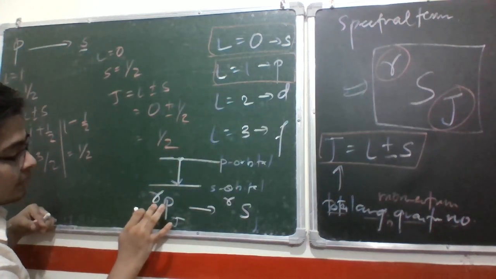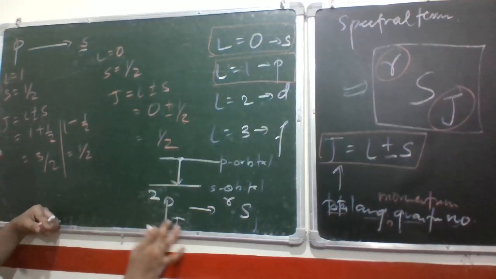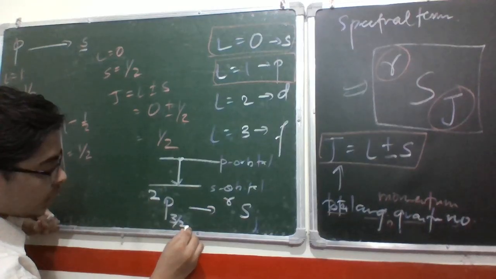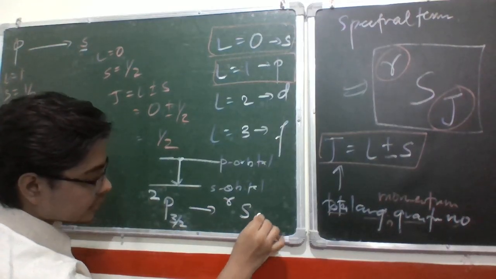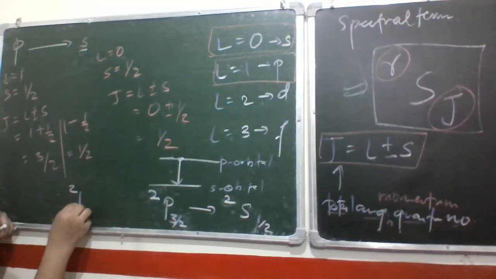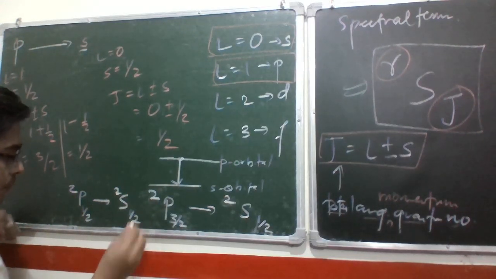What is R here? Multiplicity is always 2. J has two values for p: one is 3 by 2, and the other is 1 by 2. So we have 2p 3/2 and 2s 1/2, and again 2p 1/2 and 2s 1/2.